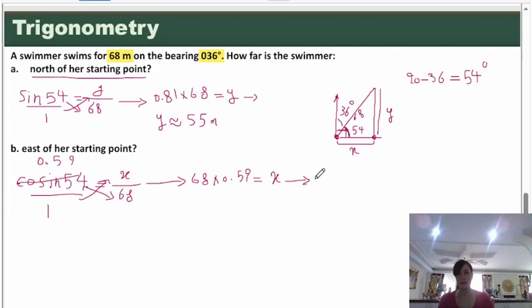If you calculate this multiplication, you will get x equals 39.97 meters. We are done here.